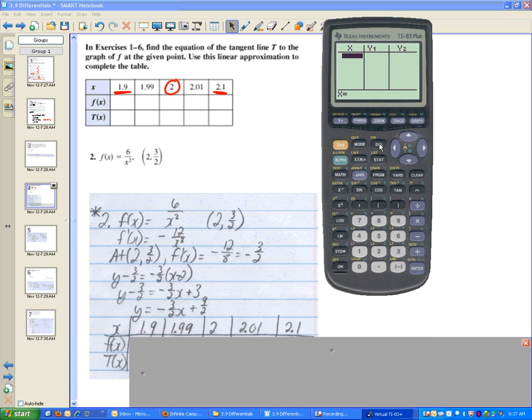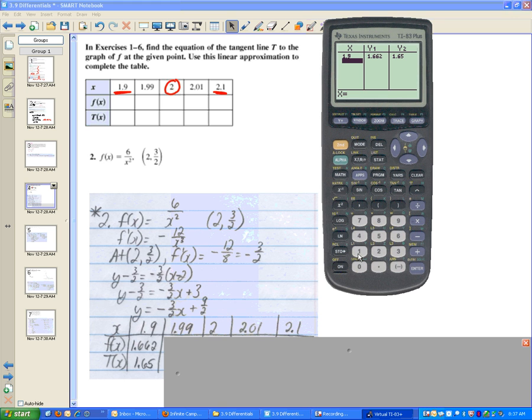All right, we need 1.9. So when x equals 1.9, our function has a value of 0.662. Our tangent line has a value of 1.65. So within 100th of each other. Pretty close.